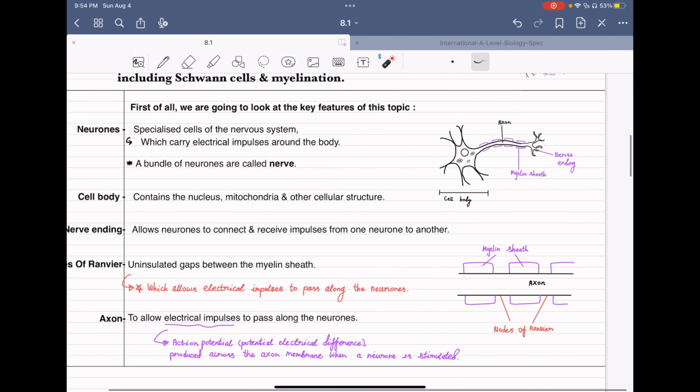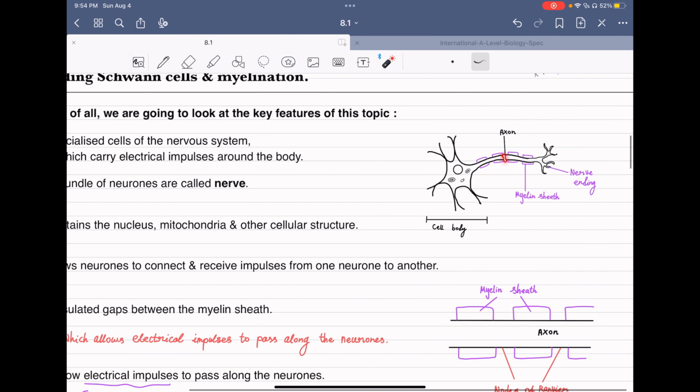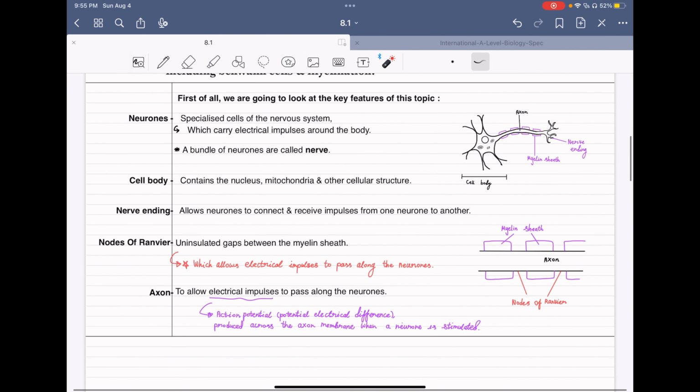As you can see, our neurons have a cell body which contains the basic cellular structure that our cells require, and we have the axon. This is where impulses can jump from one node to another, and this is called the myelin sheath, and this is a nerve ending.